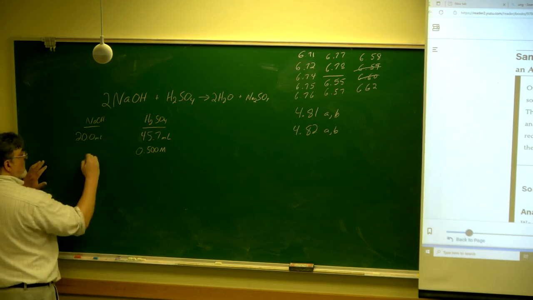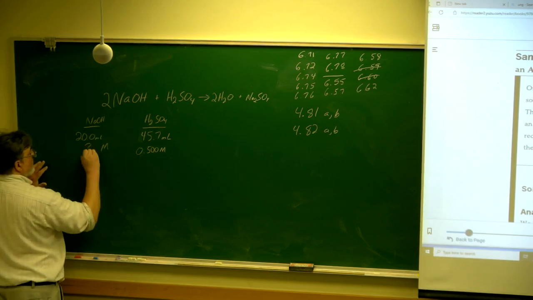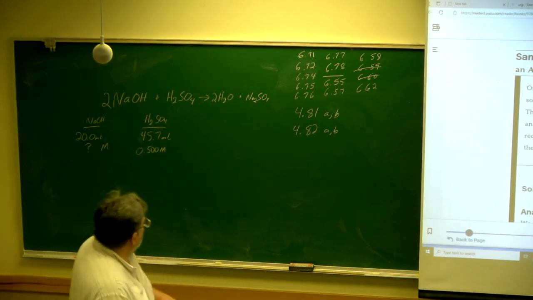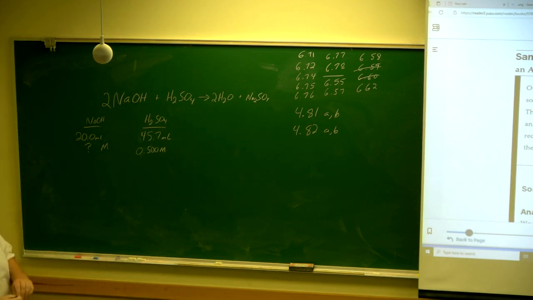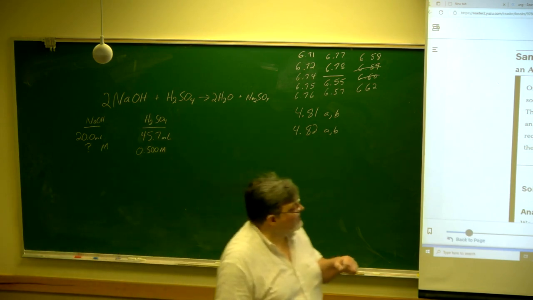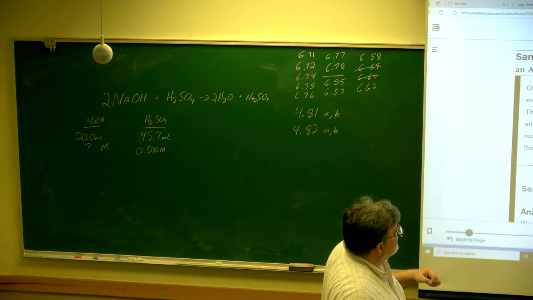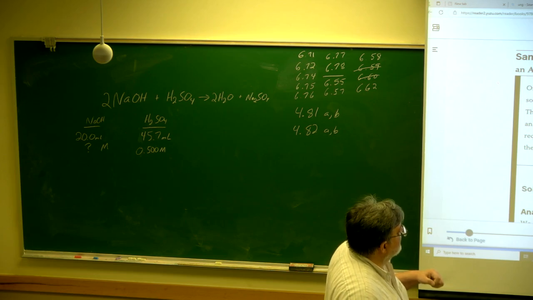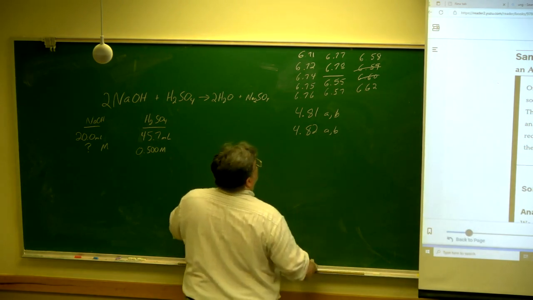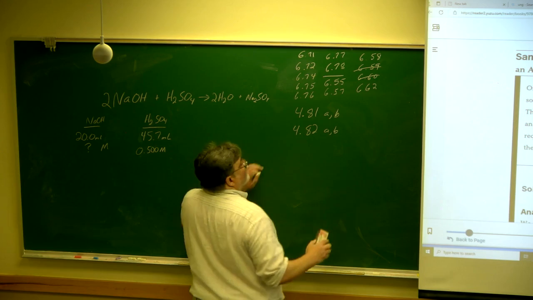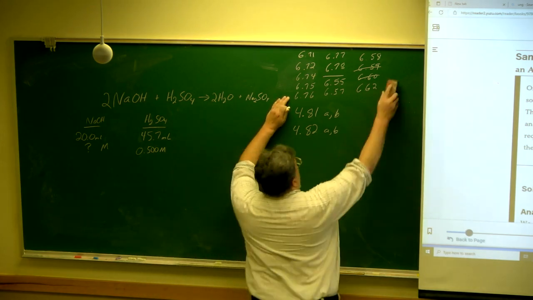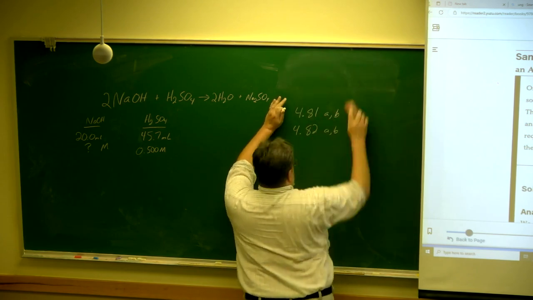This is ultimately what you find out. But what they're doing is they take 20 milliliters of NaOH. So let me diagram this. I'll put these in a Word doc. Can I erase this? I want to keep the equation there.